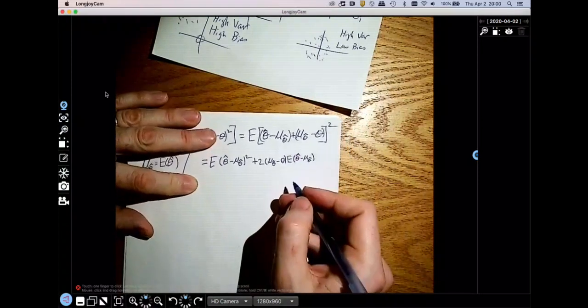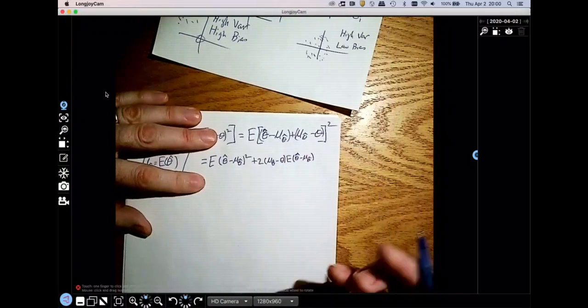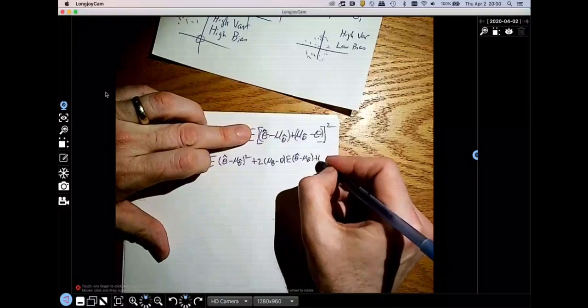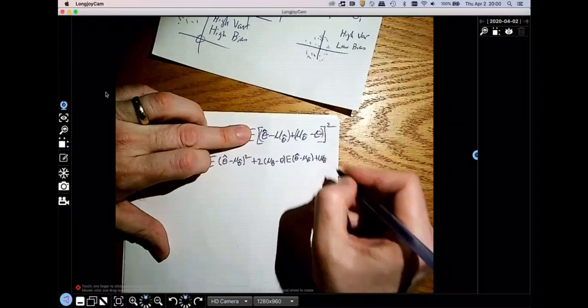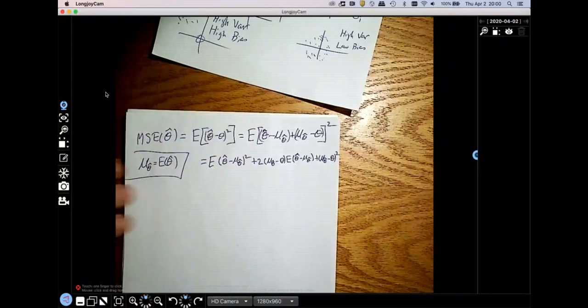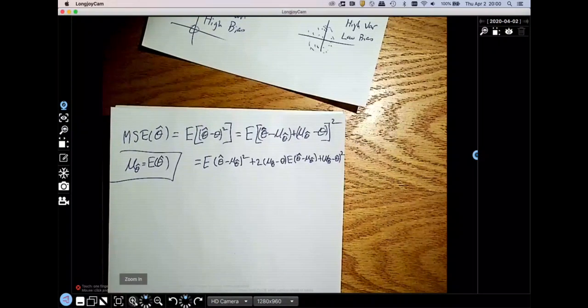And then this last term is also just a constant. So it's going to be plus mu theta hat minus theta squared. Maybe I'll zoom in. My handwriting got a little bit small there.